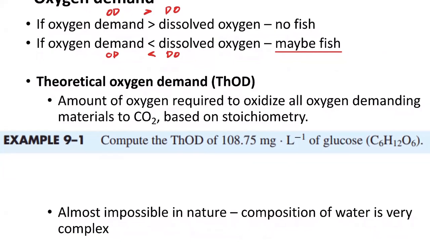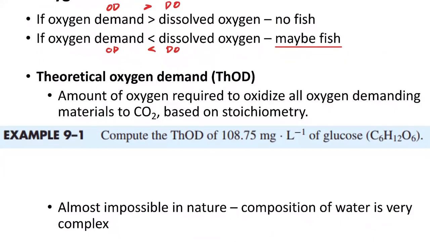So last class, we also talked about theoretical oxygen demand, which is basically, if you know the composition of the wastewater, then you can calculate the oxygen demand. For example, if there is glucose, it is going to react with 6 oxygen.